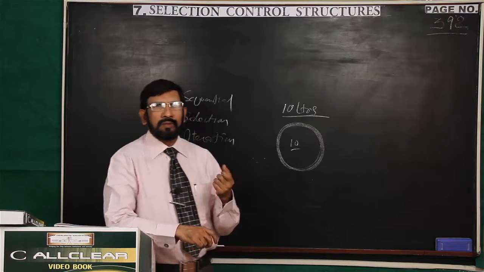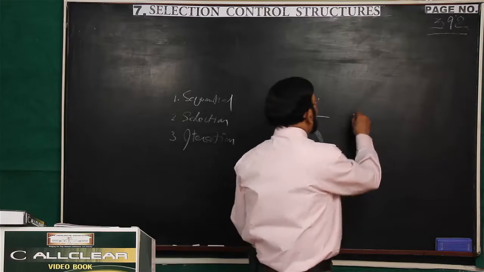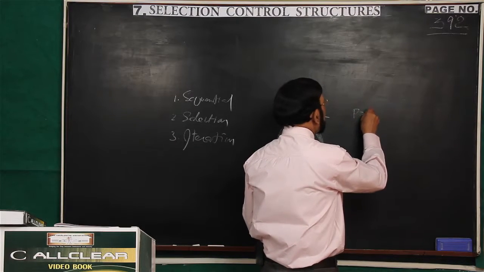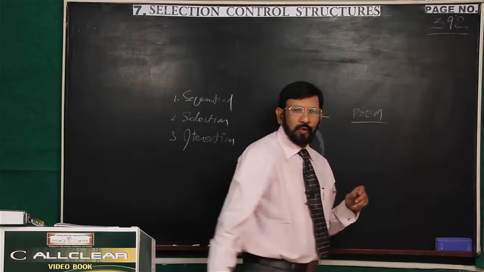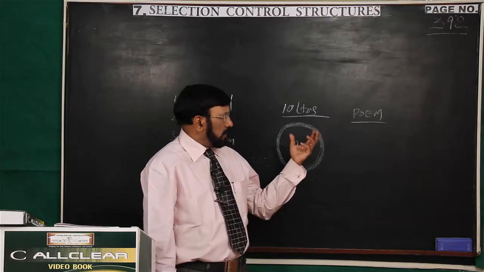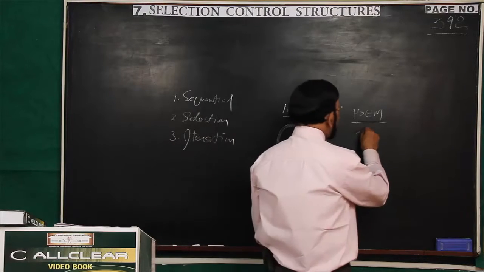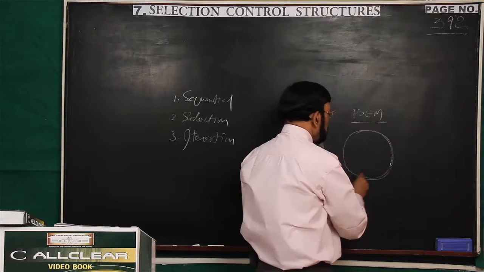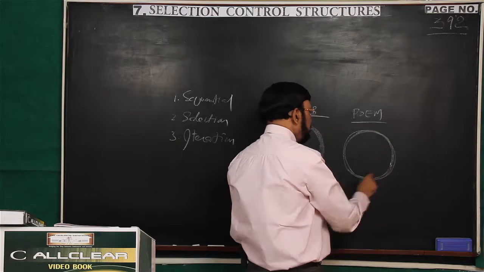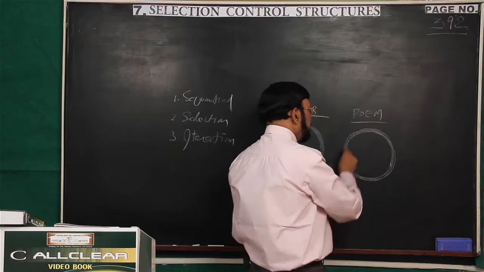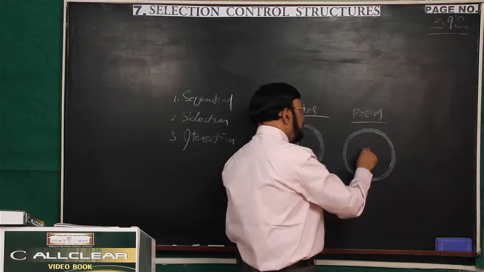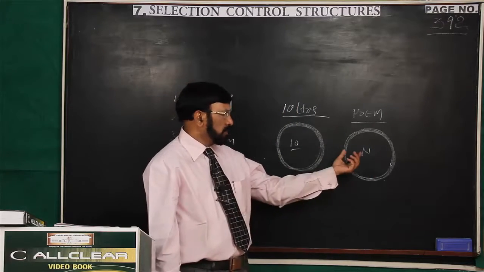Suppose, one more example, a poem. You have to learn a poem by heart. What do you do? You recite it. How many times do you recite it? You do not know. Until you memorize the poem, you recite it like this. Then, at one point of time, you are able to memorize the poem.